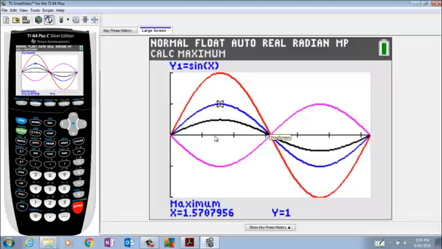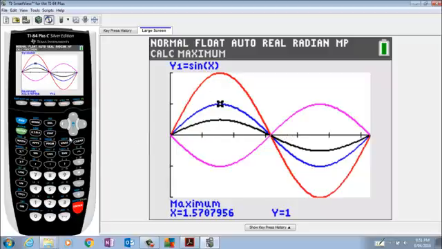Amplitude is defined as the distance from the rest position, that's this axis, to the top, the crest of that wave. If you imagine the blue line as being a wave, then the x-axis is called the rest position, and the amplitude is the maximum displacement or distance from the rest position. In this case it's 1.